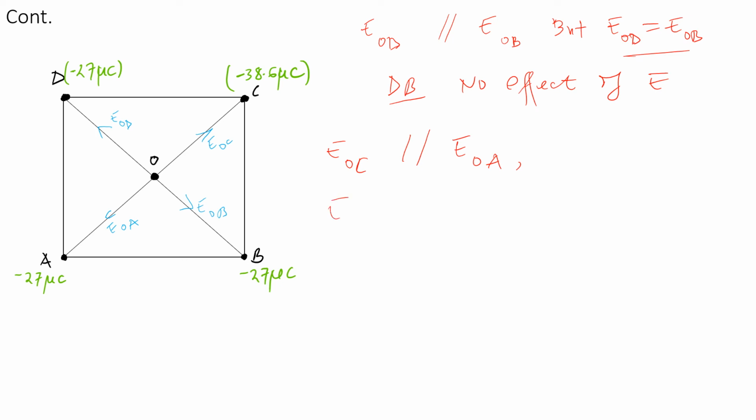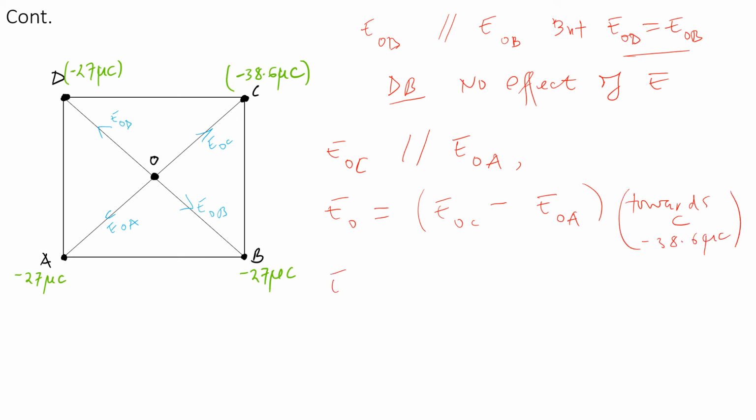Therefore, E at O is going to be equal to, let's say, EOC minus EOA. It's minus because they are in opposite direction, but this direction that we have chosen is towards C, where C is negative 38.6 microcoulomb.